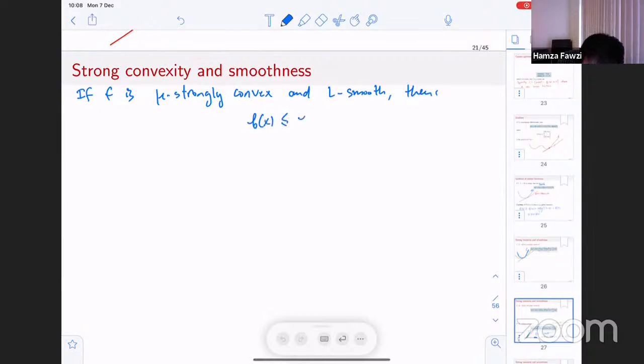On the one hand, I can write f of y is less than f of x plus gradient f of x transpose y minus x plus L over 2 norm of y minus x squared.